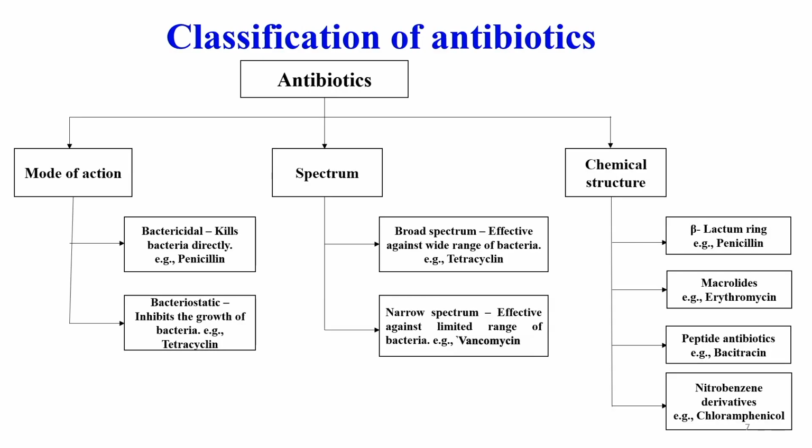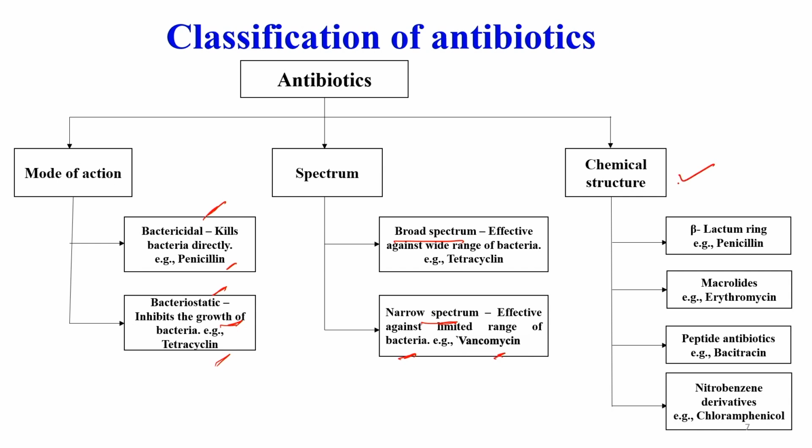Now, antibiotics can be classified based on the mode of action. Whether it is bactericidal, meaning it is killing the bacteria, like penicillin, or bacteriostatic, meaning it is inhibiting the growth of bacteria, like tetracycline. Further, it can be classified as broad spectrum, meaning it is active against both gram positive and gram negative, and narrow spectrum, active against a limited range of bacteria, like vancomycin.